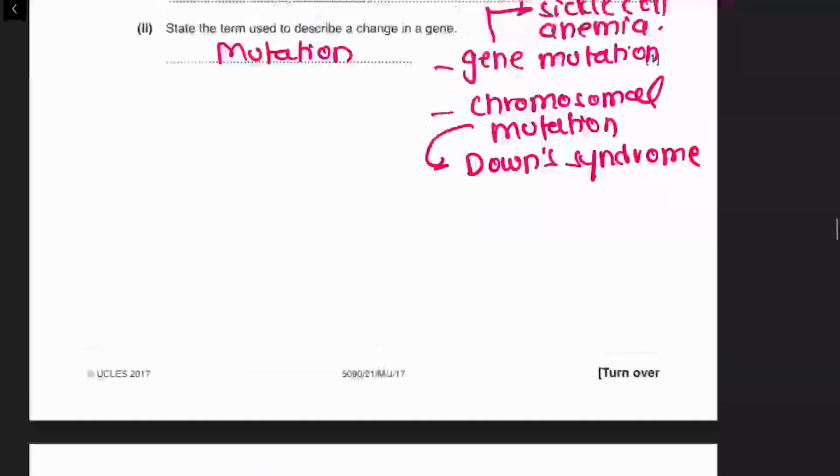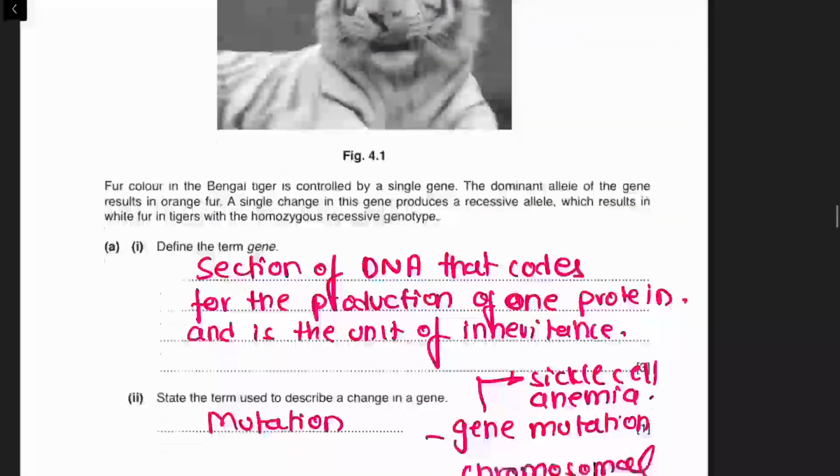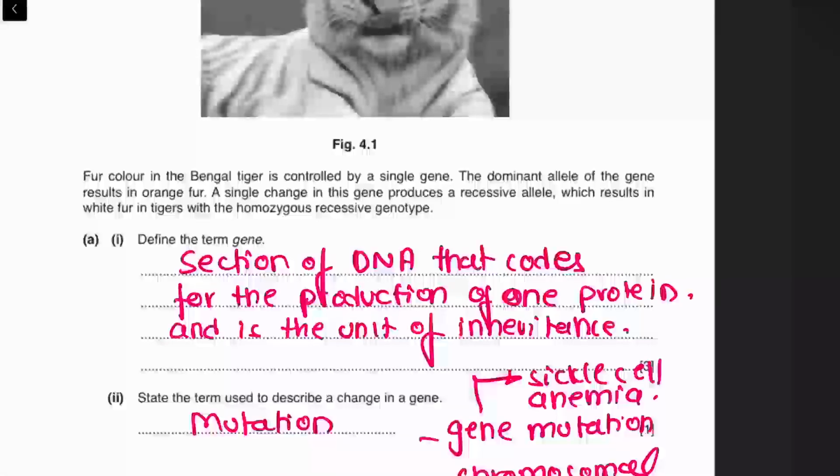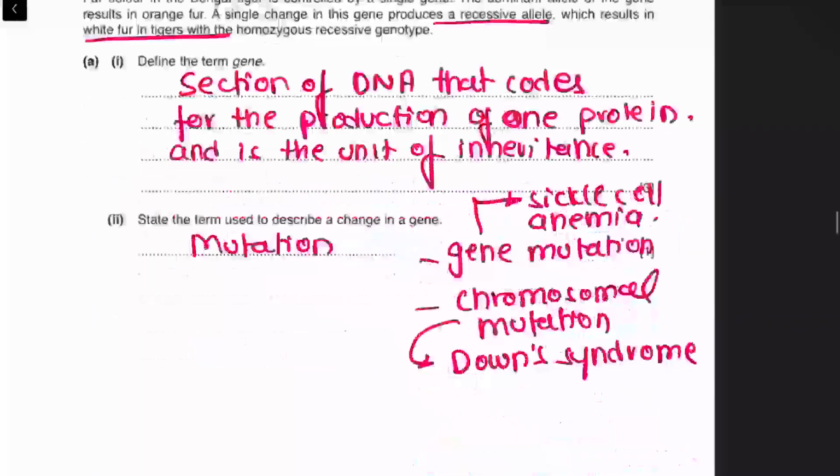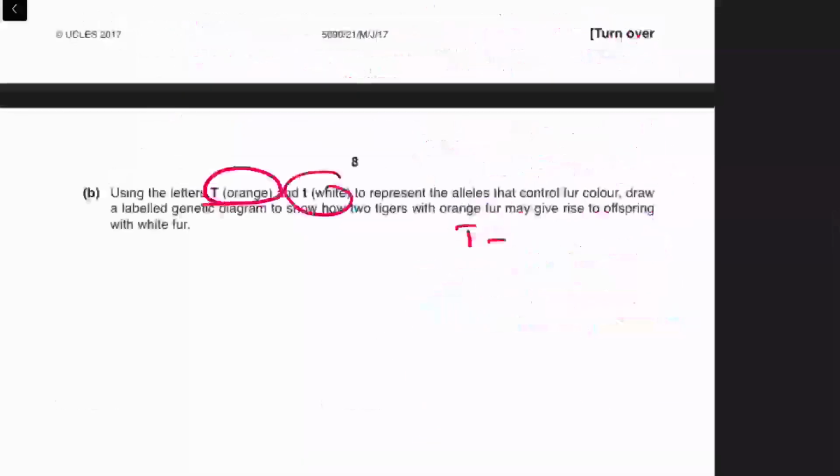Because they've already given you a hint here. It says a recessive allele represents the white fur. So you have to know, okay, capital T means this is for orange, and orange is the dominant allele. Why? Because it's represented by capital T. Small t represents the recessive allele, which represents the recessive characteristic for white fur.